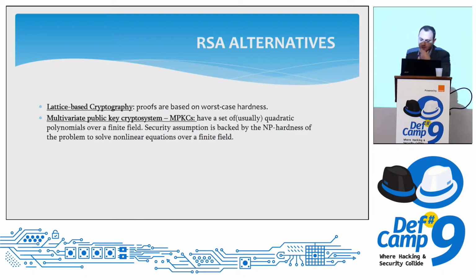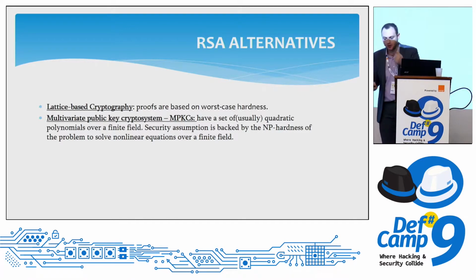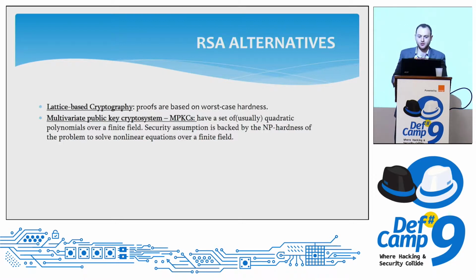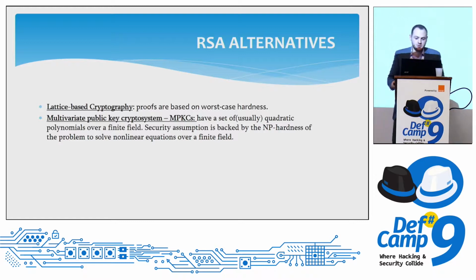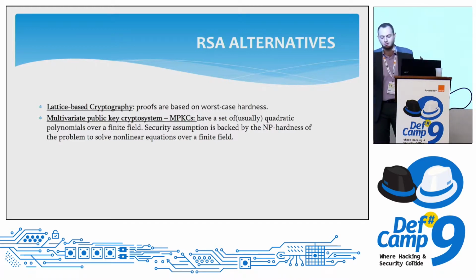And another very interesting but very complicated representative is the multivariate public key crypto system. It has a set of quadratic polynomials over some finite field, and it's based on the NP-hardness of solving these nonlinear equations. It lacks a lot of security proofs.